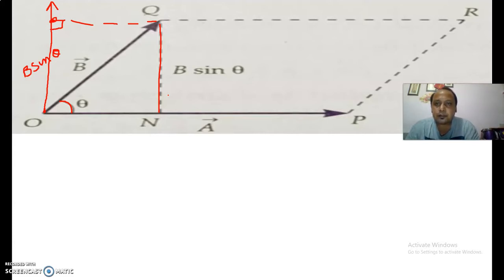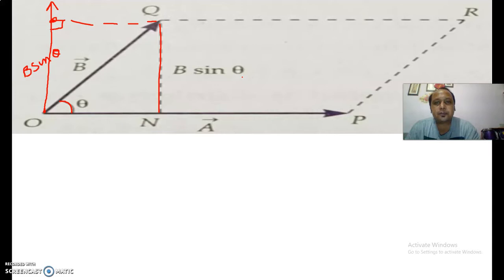Now when we look at this parallelogram, you must know that the area of a parallelogram is given by the base into the altitude or the height. In this parallelogram OPRQ, the base has a magnitude of vector A, which is given by OP, and the height is given by QN, which is B sine theta.